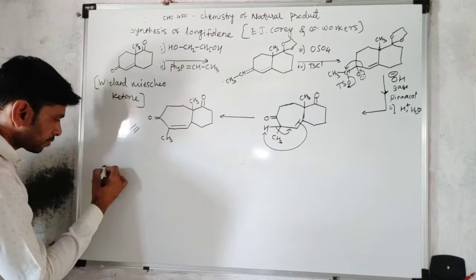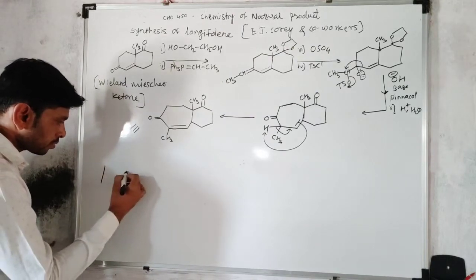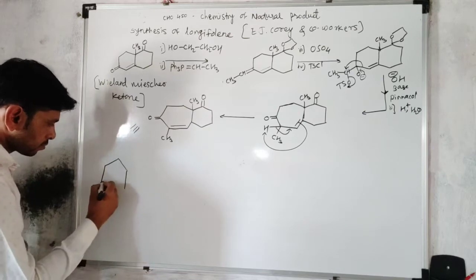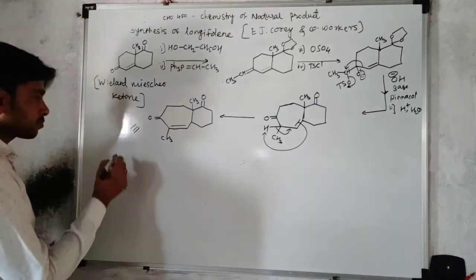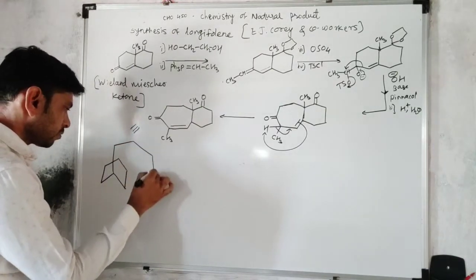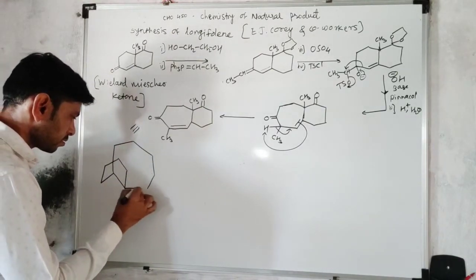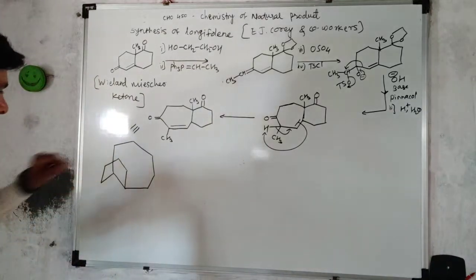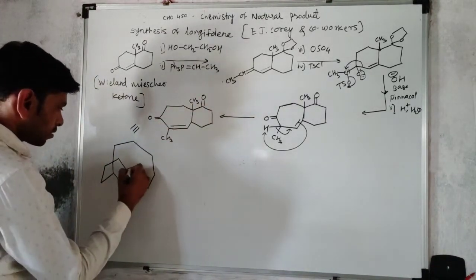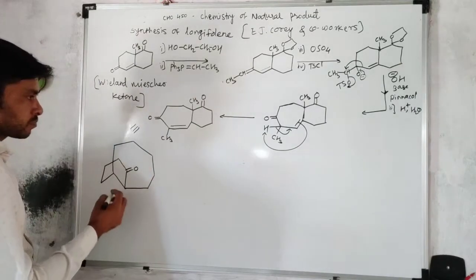Here, 6-member ring. See here, this is a 6-member ring. Now this is the 7-member ring. The other one is a 6-member ring. Now this carbonyl group is there.